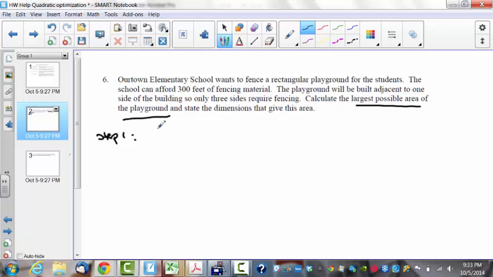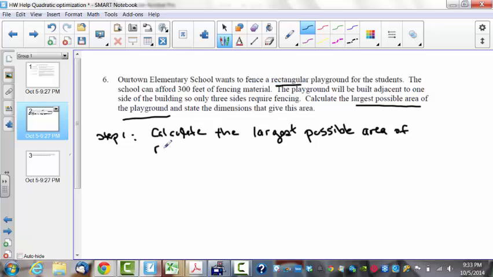We want to calculate the largest possible area of, and what shape are we talking about? Rectangular playground.